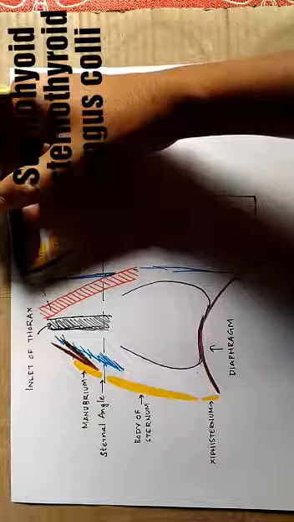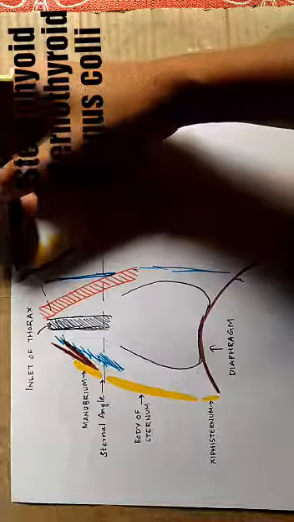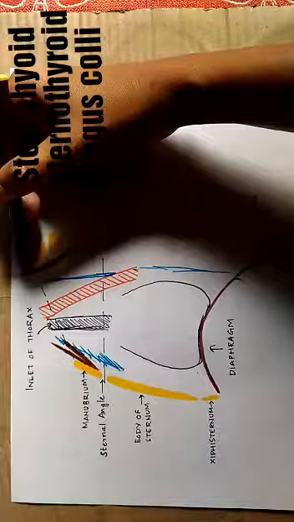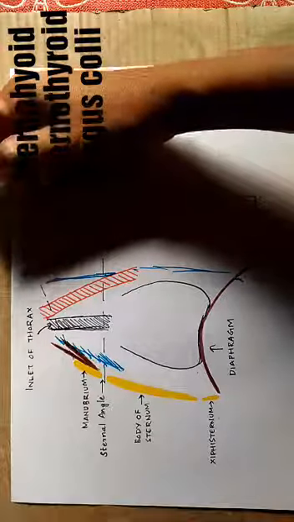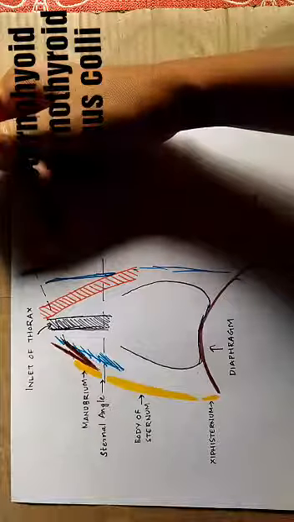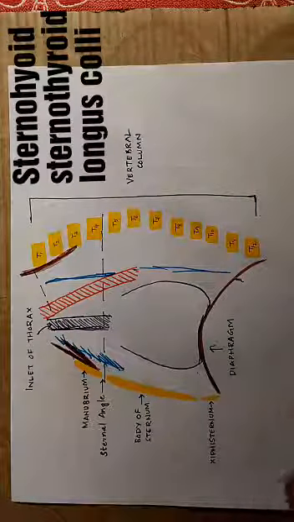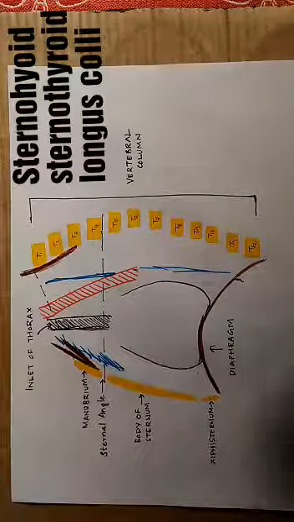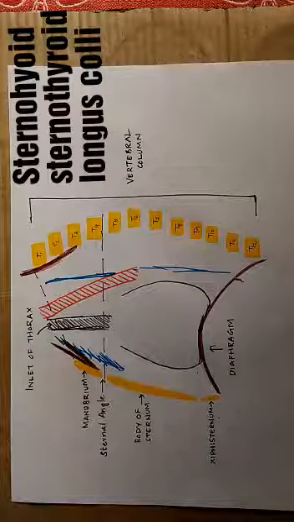The longus colli muscle extends from the first cervical vertebra or the atlas to the third thoracic vertebra. So the three muscles seen in the superior mediastinum are the sternohyoid, sternothyroid, and the longus colli muscle.